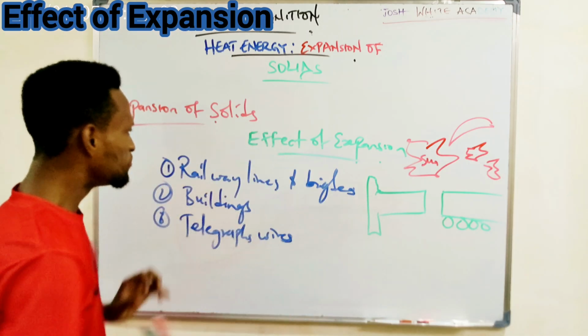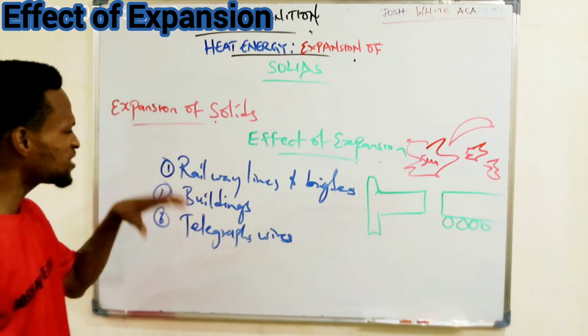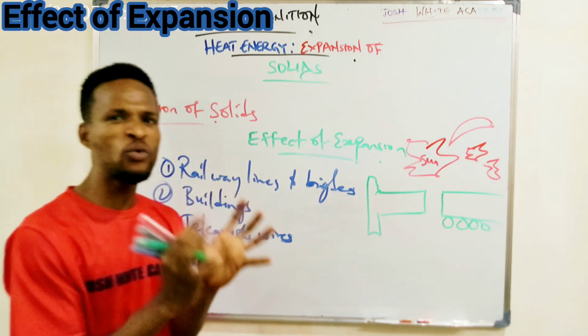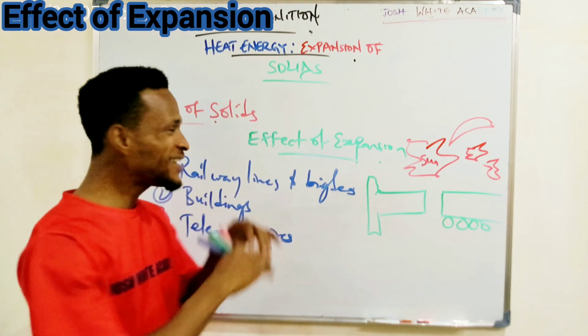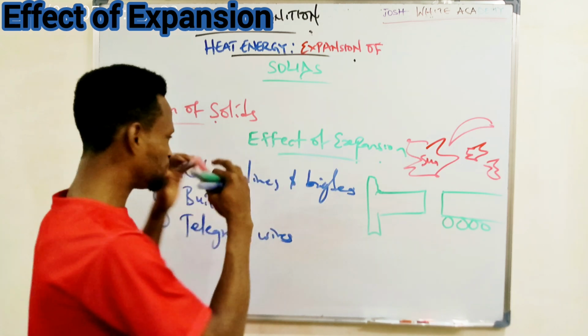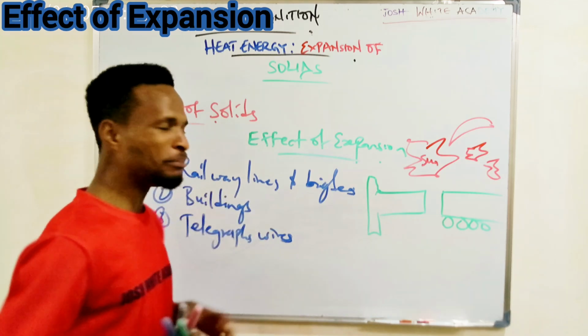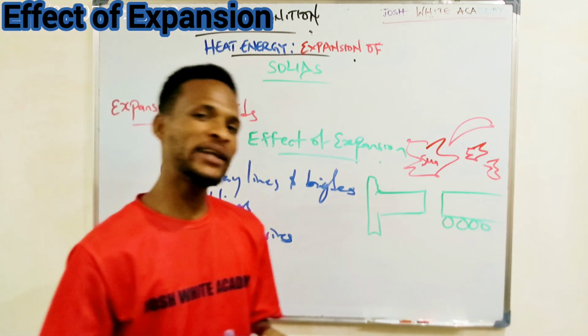So these are some of the effects of expansion: railway lines and bridges, buildings, and telegraph wires. All of these are made in such a way to avoid their destruction when the metals or the expandable parts of the materials expand in sunny time and contract when it is cooled.